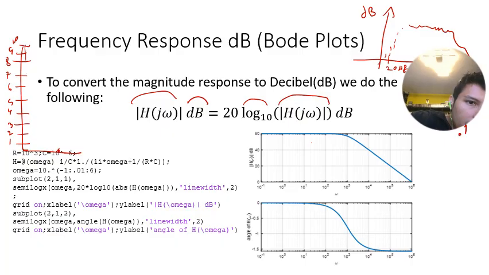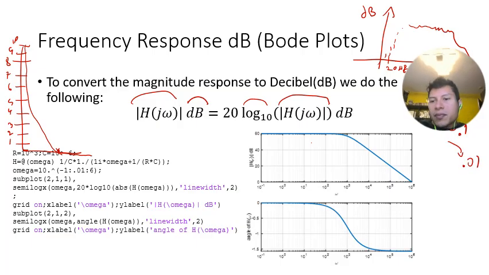So your plot's going to look like this. And you won't be able to distinguish when you go from 10 to 0.1 to 0.01, because it will all be squished down here. So you won't have any information for those lower values.